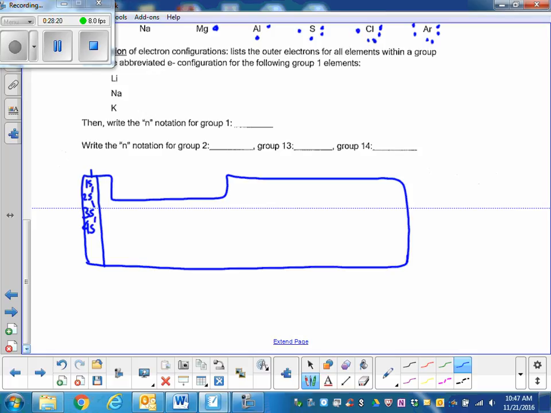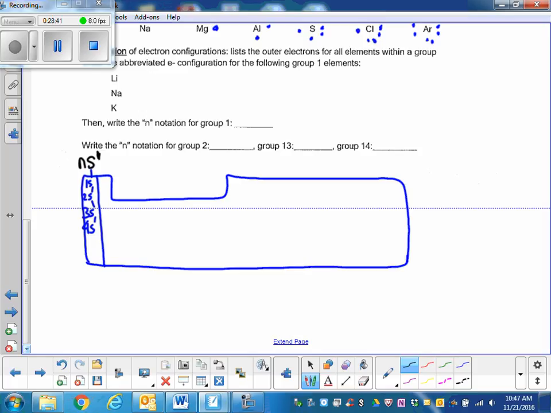Isn't that how it ends when it's in group 1? So instead of 1, 2, 3, 4, I can say the general electron configuration is ns1. Do you agree? For all elements in group 1.